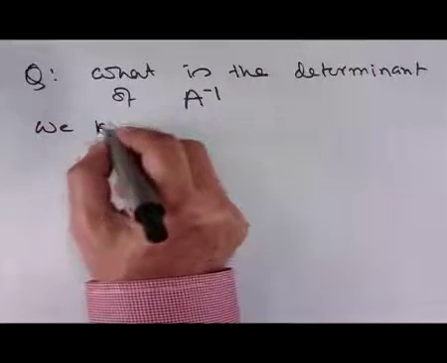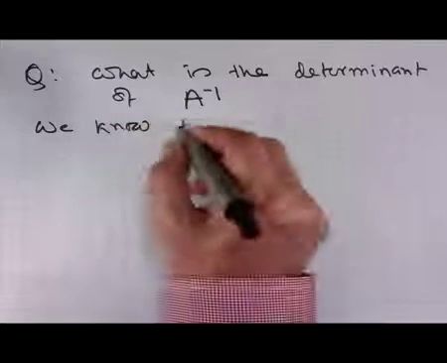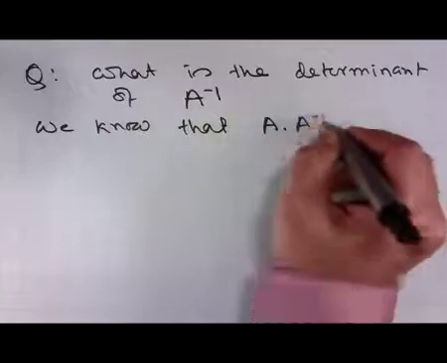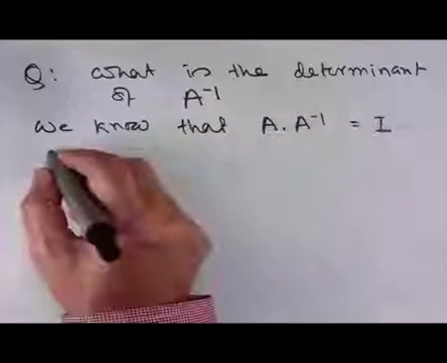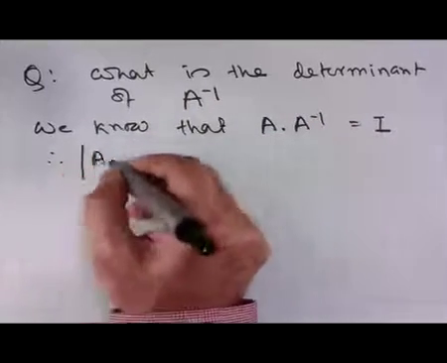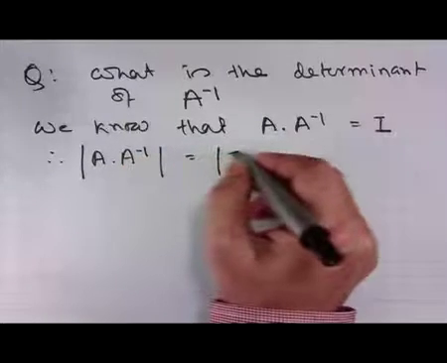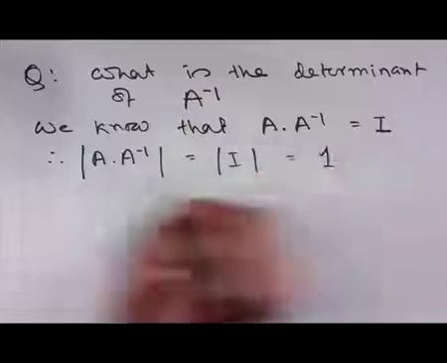We know that A into A inverse is equal to identity. Therefore, determinant of A into A inverse is equal to determinant of I, is equal to 1.